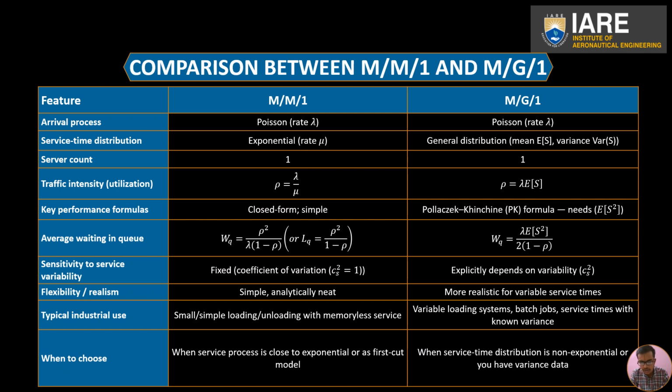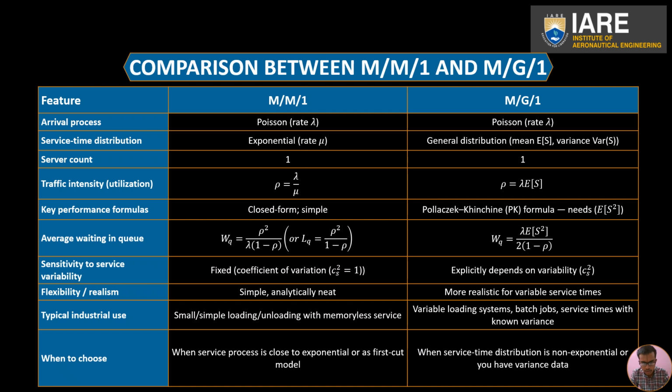Mean is E of S, variance is var of S. Server count is 1 for both. Traffic intensity or utilization rho is equal to lambda by mu for MM1. Rho is equal to lambda into E of S for MG1.